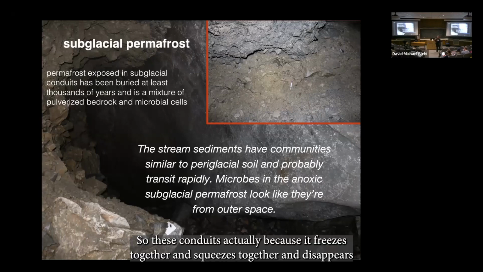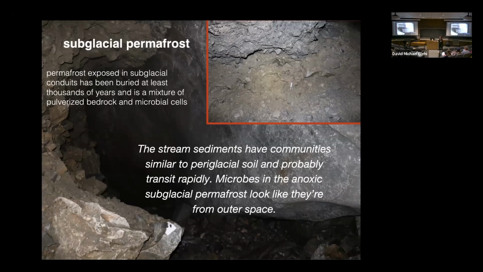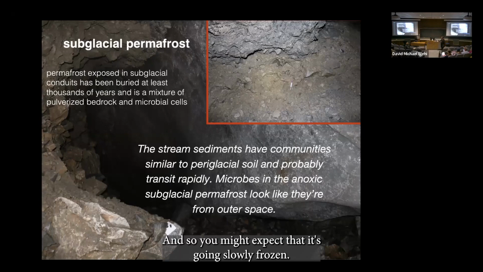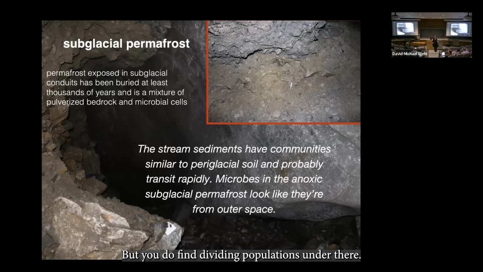So these conduits actually, because it freezes together and squeezes together and disappears and then remelts every spring, you get new permafrost exposed every year. And so this permafrost has been under here frozen for 10,000 years in some cases. And so you might expect that it's going slowly, frozen, right? But you do find dividing populations under there.